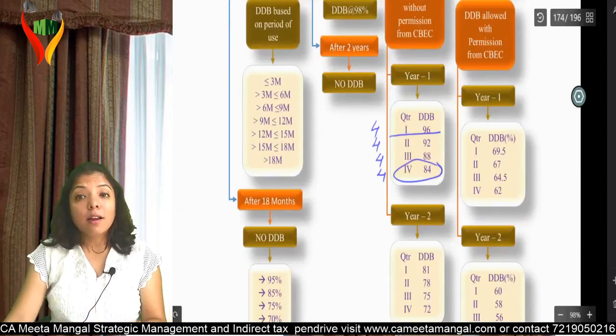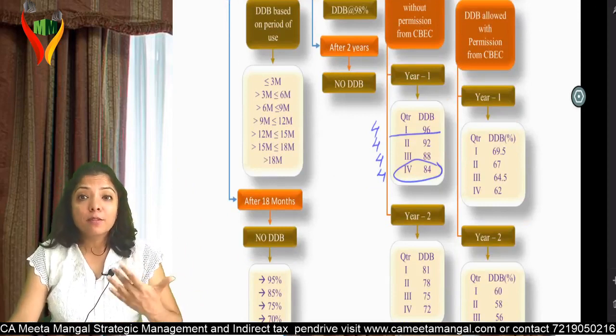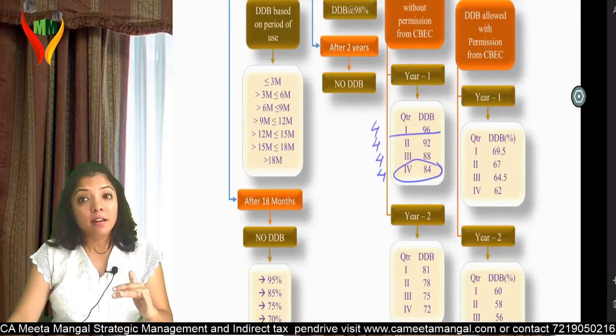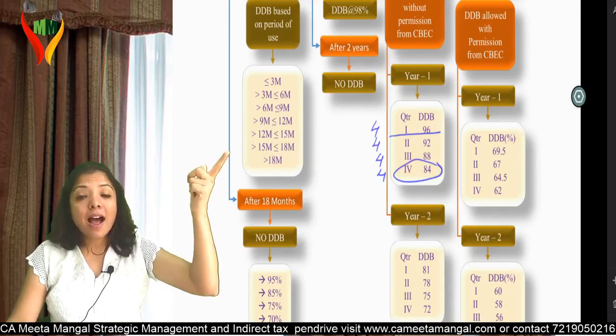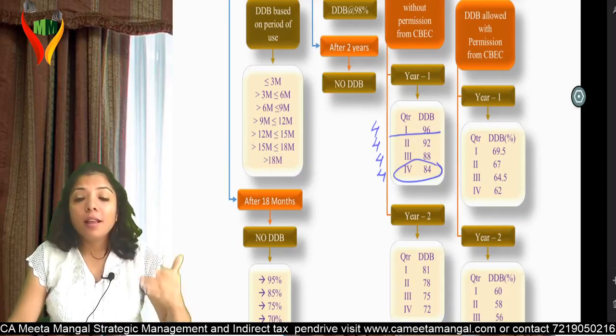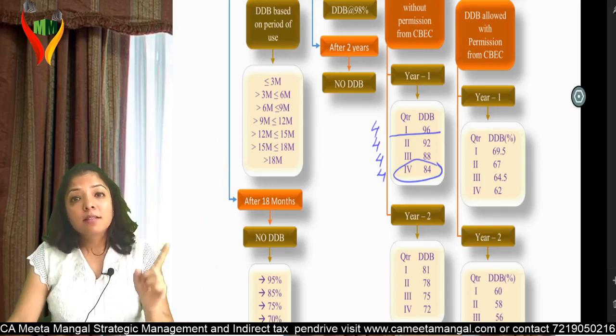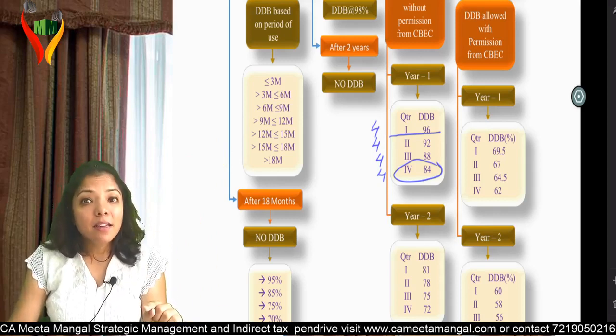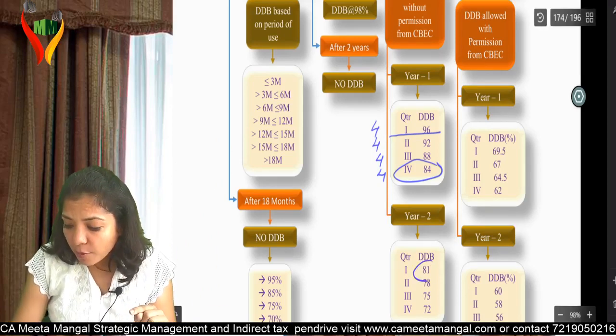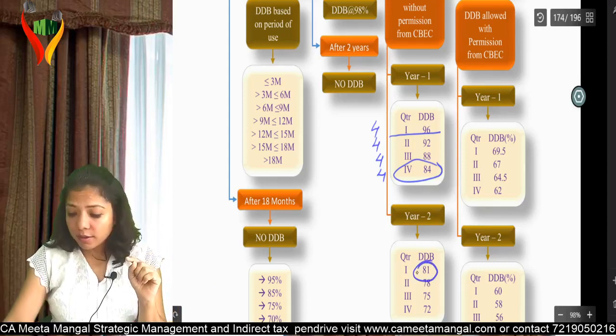Second year, now it is 3%. Assume I'm exporting in the second year, first quarter. Last year's 16% plus this year's first quarter 3% is 19%, so I will be eligible for 81% duty drawback.